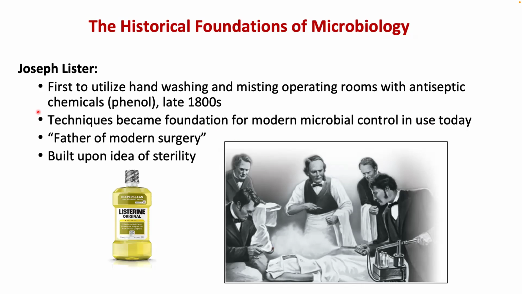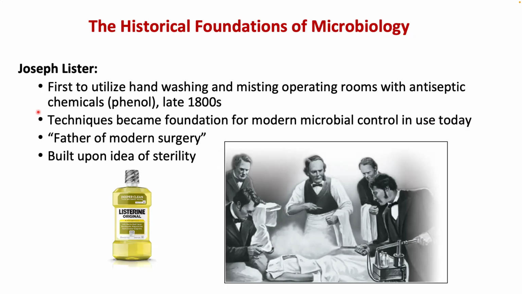Back then, it was phenol, in the 1800s. The technique became the foundation of modern microbial control in use today. Basically, he discovered you can use chemicals such as phenol to kill microbes, protecting ourselves from them.